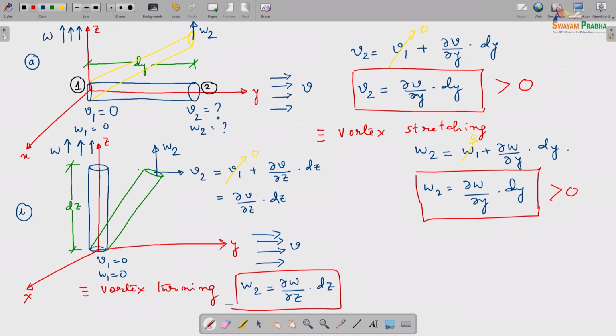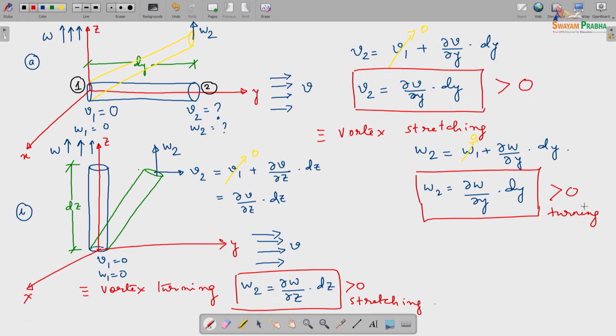If this is positive, then this actually causes stretching, whereas here, if it is positive, then this causes turning.